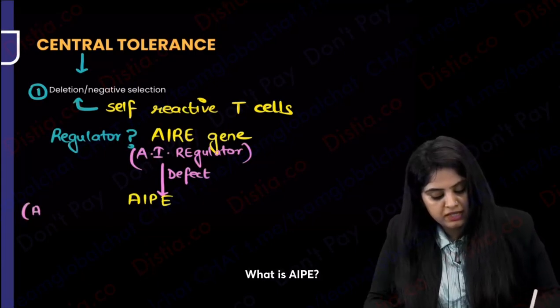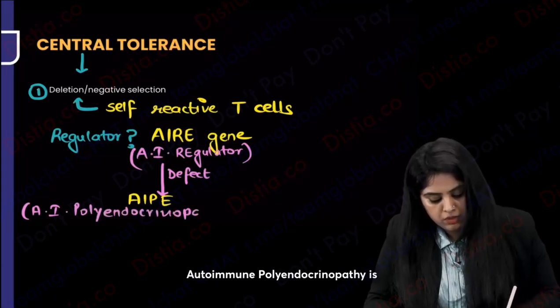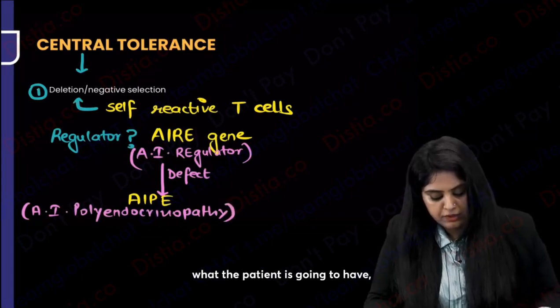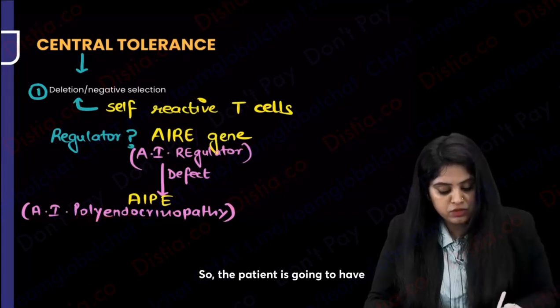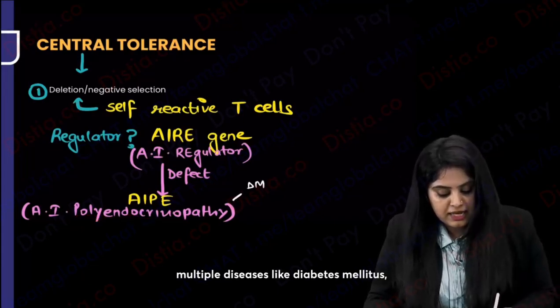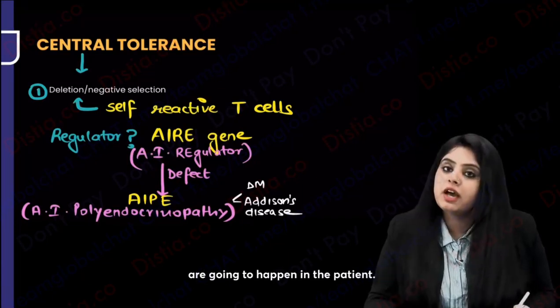What is it? Autoimmune polyendocrinopathy, and this includes polyendocrine disorder. So the patient is going to have multiple diseases like diabetes mellitus, like Addison's disease, lots and lots of multiple endocrine disorders are going to happen in the patient.